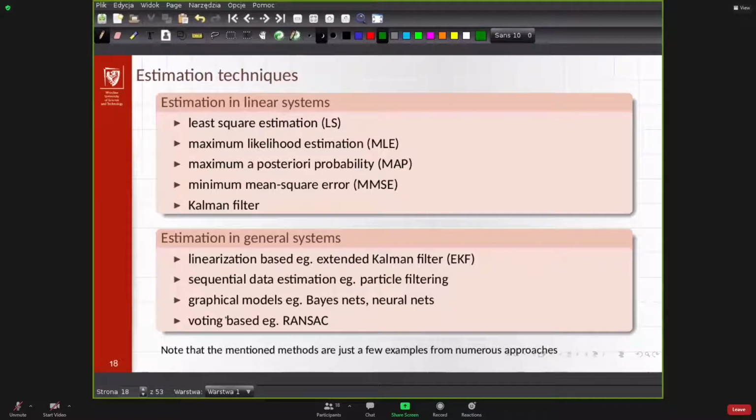So, to simplify the process, you just select some subsets of this data, make some estimation from these subsets, and then compare the results and say, okay, which of the results is the best of what we got. Kind of the voting. Yes, how many points fit a solution that is somehow simplified.